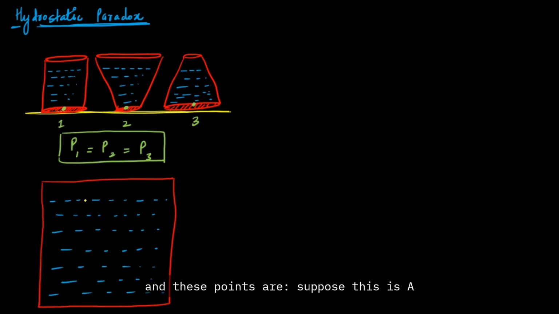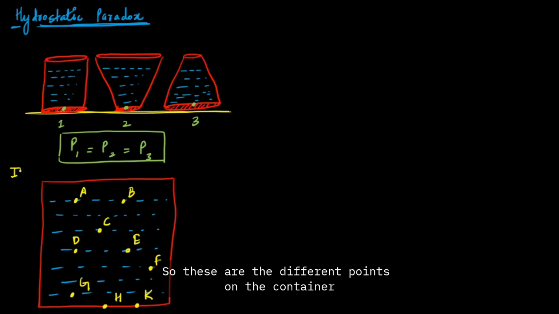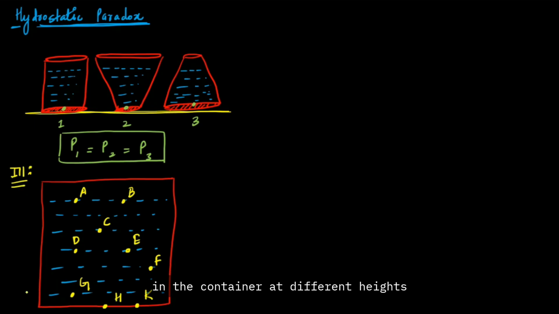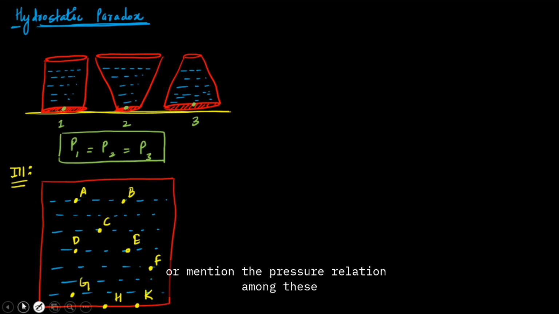Suppose this is A, this is B, C, D, E, F, G, H, K. So these are the different points in the container at different heights and different levels. You just need to mention the pressure relation among all these points.